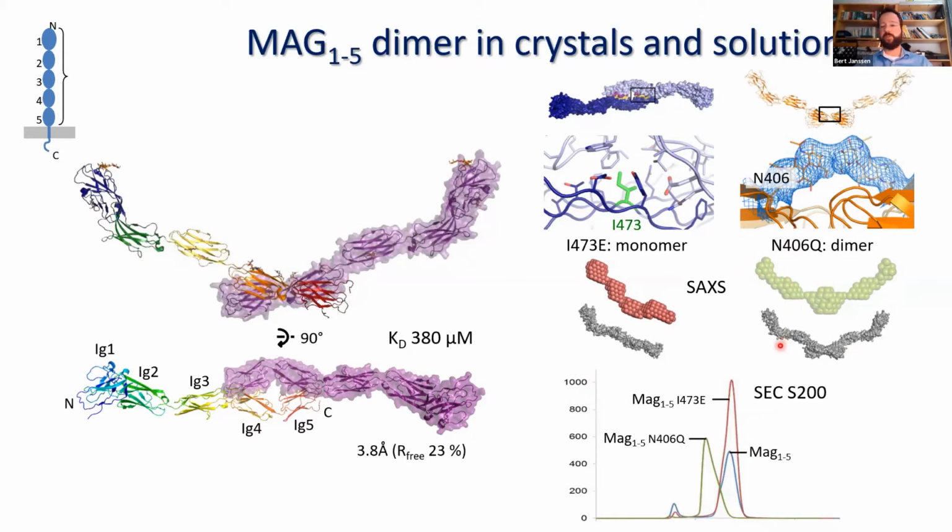So that seemed to have worked. And also in size exclusion chromatography, we can see that the monomerizing mutant runs at the same retention volume as the wild-type MAG. So the wild-type MAG in this experiment is a monomer because of the weak interaction. But the dimerizing mutant actually runs as a larger species. It comes off early over the column. So we think it's probably a dimer.